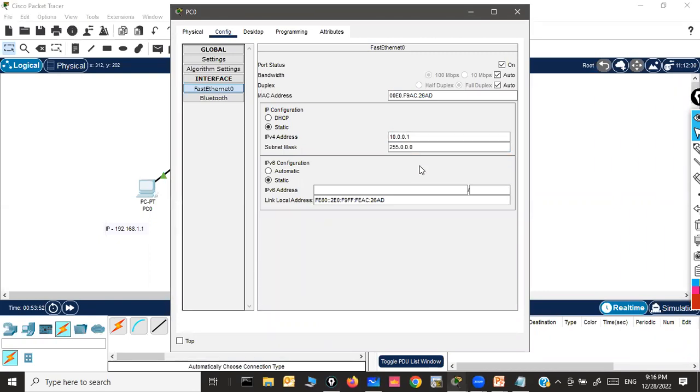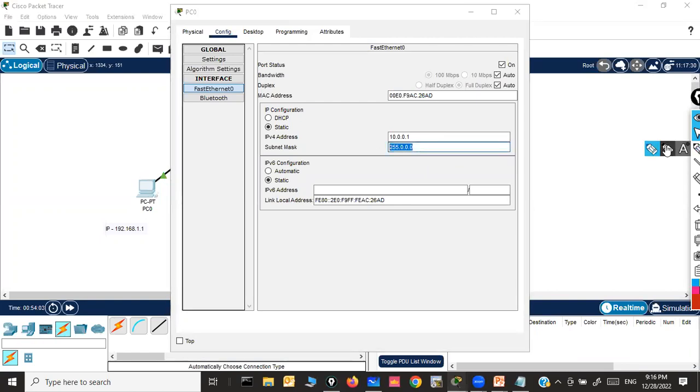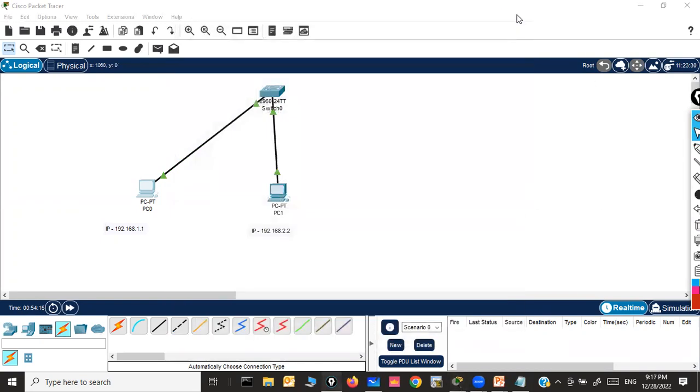What I did, I just pressed the tab key on my keyboard, or just click with your mouse, and the value is auto-filled. So what is this auto-filled value? Subnet mask, the default subnet mask, basically. This is the default subnet mask as per the class. But the same method doesn't go with routers and other devices.